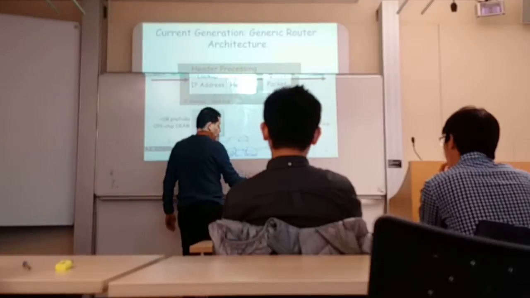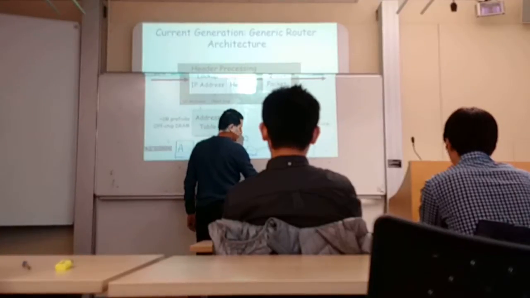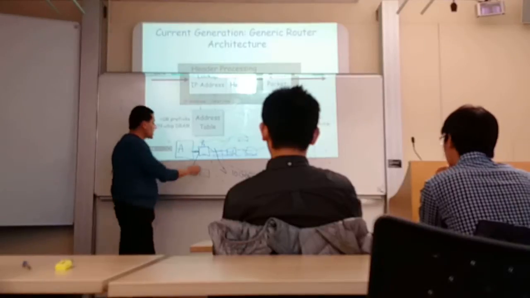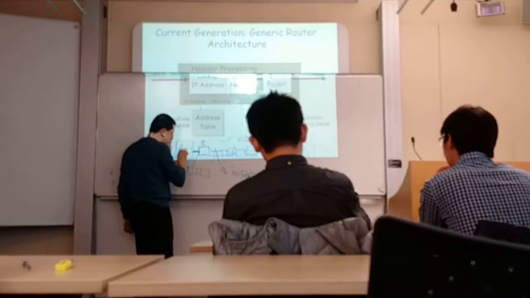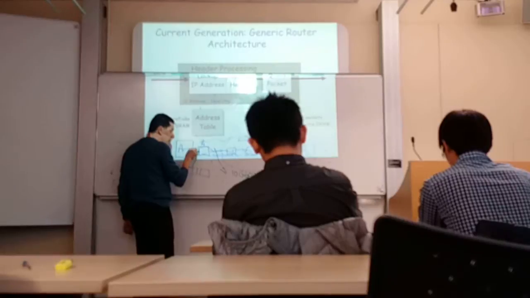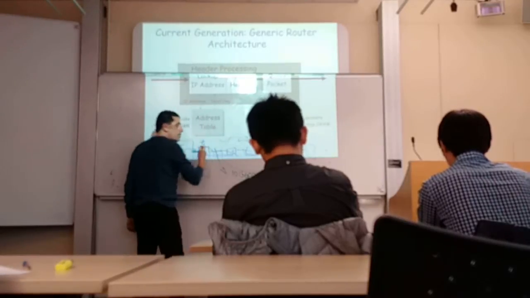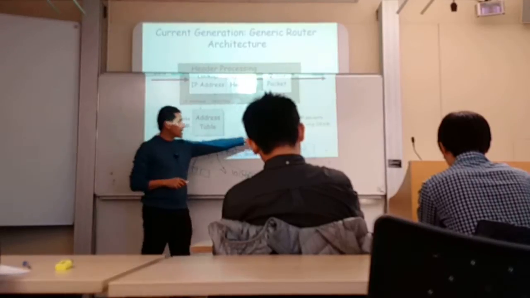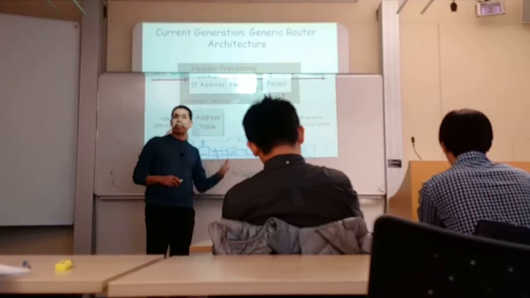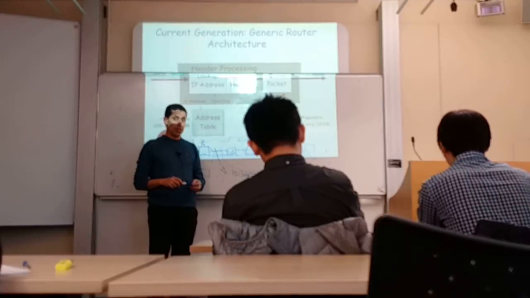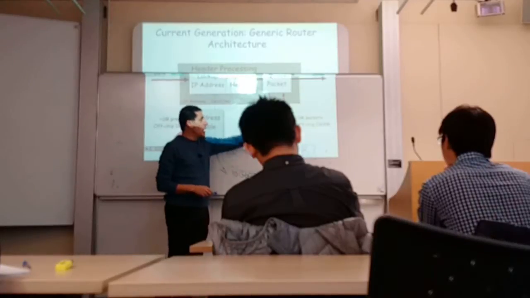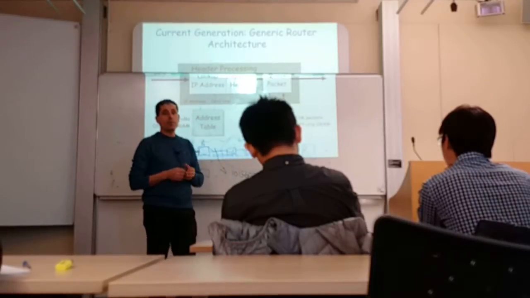If you multiply these two quantities, you will find the minimum buffer, because this router should be receiving packets from A before it learns whether the packets are arriving at B. Is it making sense? That's the buffer size. We will describe it in more detail later, but this is just to give you an idea how buffer memory is sized.